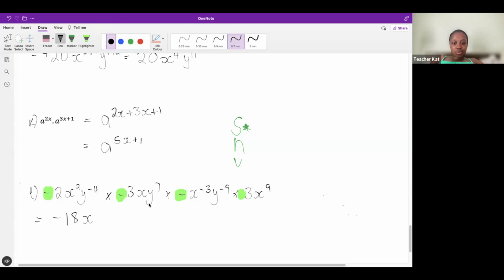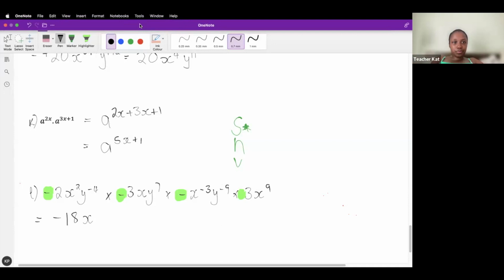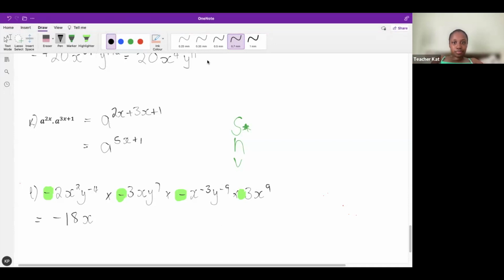So it's going to be x to the power of what plus what plus what? Let's check our x's carefully. Buhlale says 2 plus 1 minus 3.